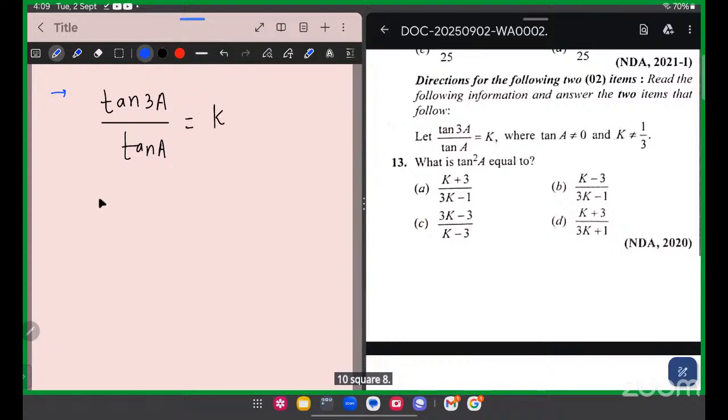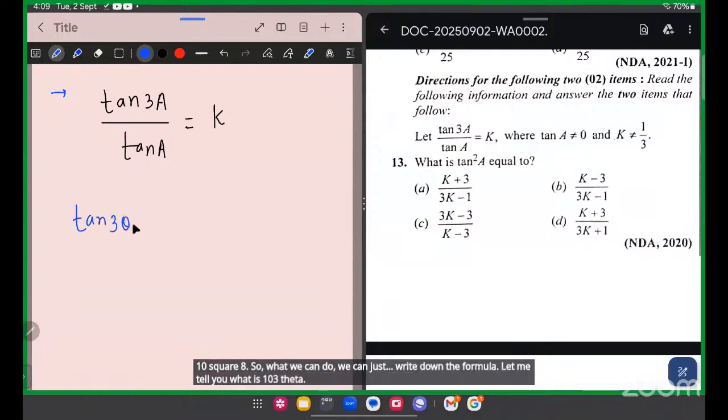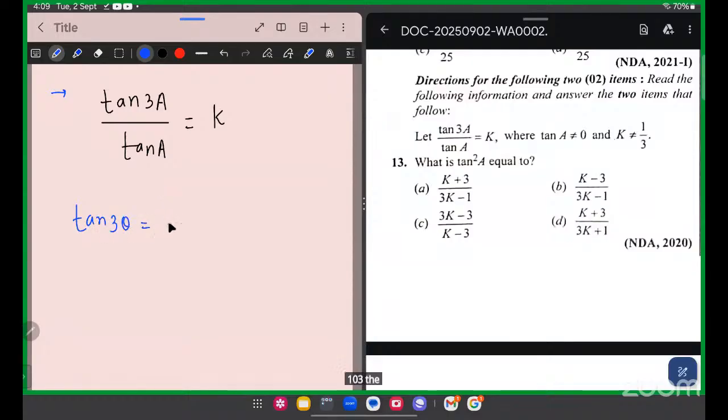So what we can do, we can just write down the formula. Let me tell you what is tan 3 theta. Tan 3 theta is 3 tan theta minus tan cube theta divided by 1 minus 3 tan square theta.